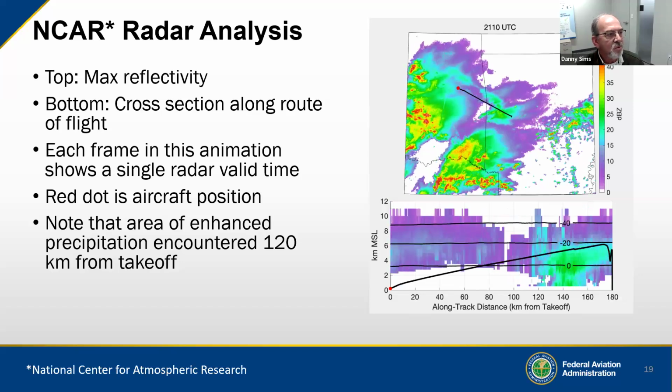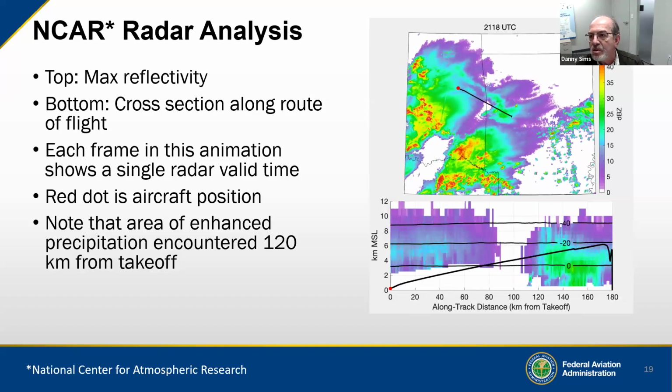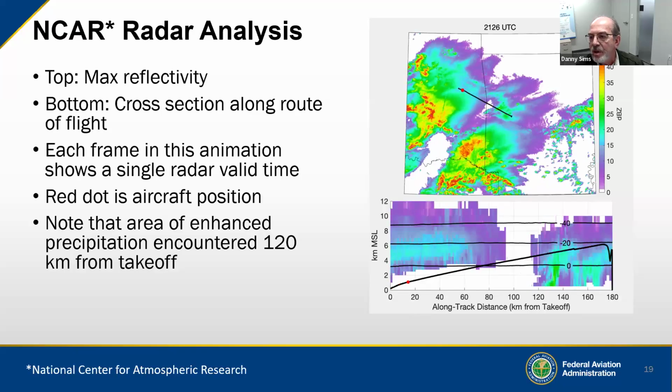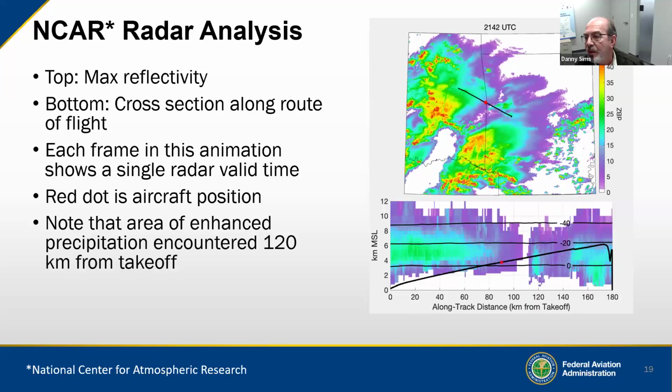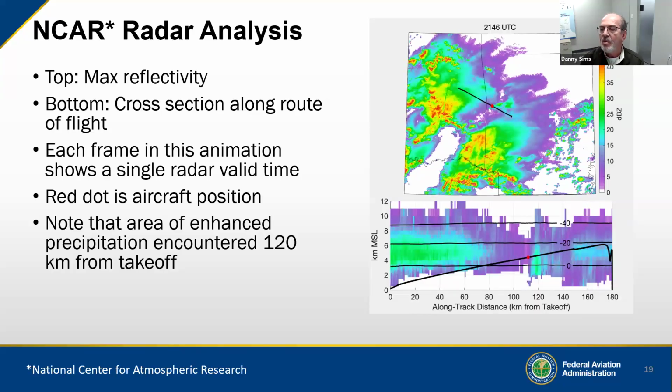And as we go through here, I want you to focus on something. We take off, here we go, we're below precipitation, and then right here, where I stopped this, if you look where the airplane position is in the bottom graph, it's just about ready to enter an enhanced area of precipitation that's around 120 kilometers along the route of flight away from Muskogee.